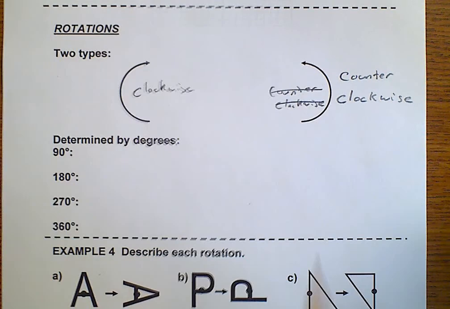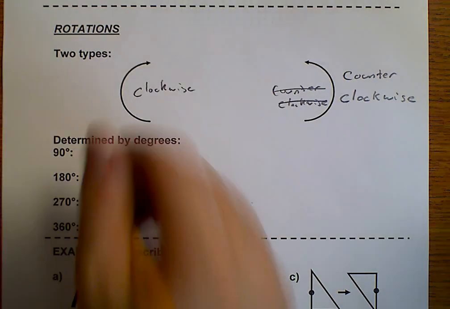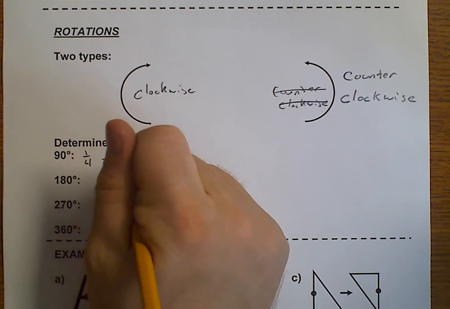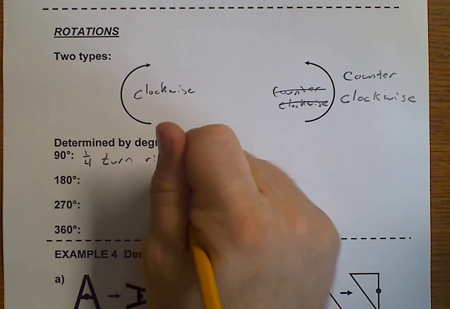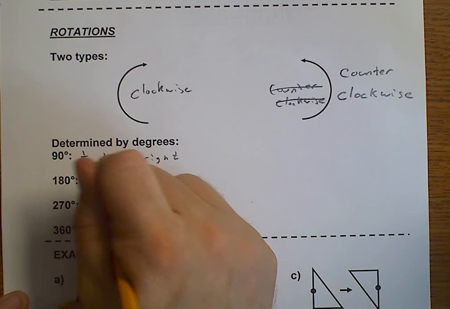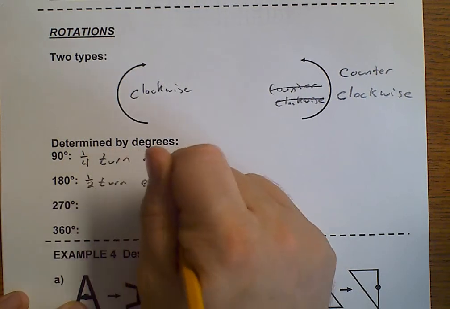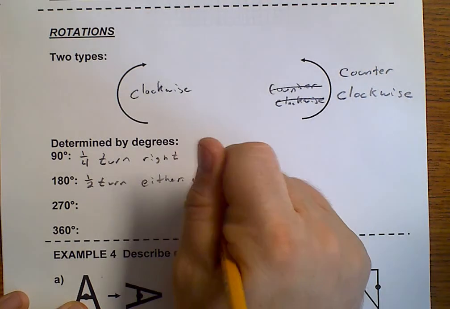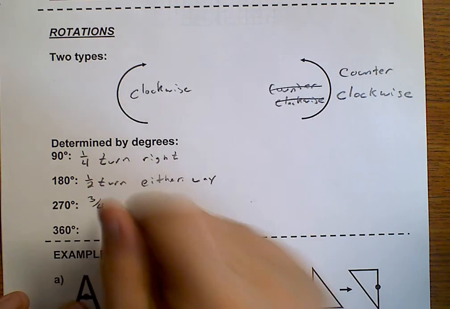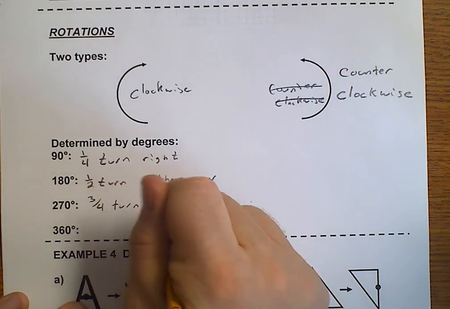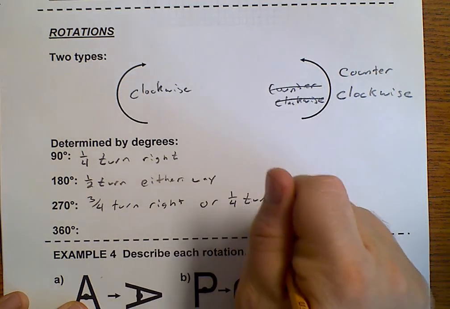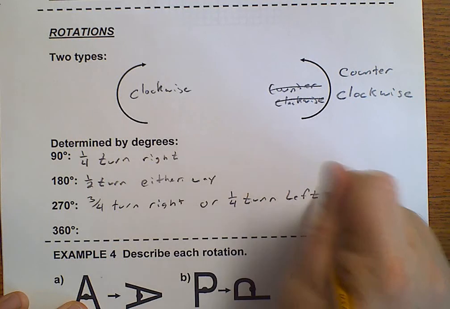Okay. Now we determine by these degrees, 90 degrees is a 1/4 turn to the right. 180 degrees is a half turn either way. 270 degrees is 3/4 turn right, or a 1/4 turn left.